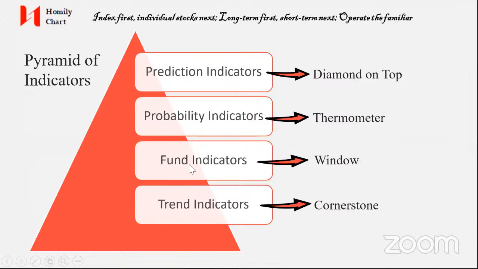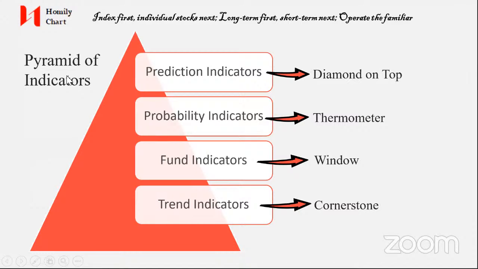So you need to be able to categorize an indicator. I give you an indicator, for example, Homely Rainbow. You need to know this is a trend indicator. I give you moving average. You need to know this is a trend indicator. I give you CCI. You also need to know this is a trend indicator. So you need to be able to categorize any indicator given to you in future.